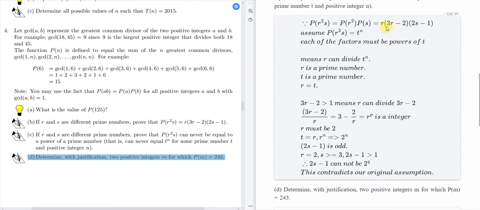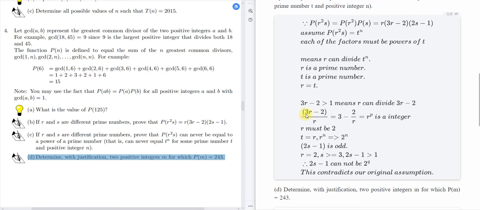Let's see the second factor, 3R minus 2. Since R is a prime number, 3R minus 2 is greater than 1, which means R can divide 3R minus 2.